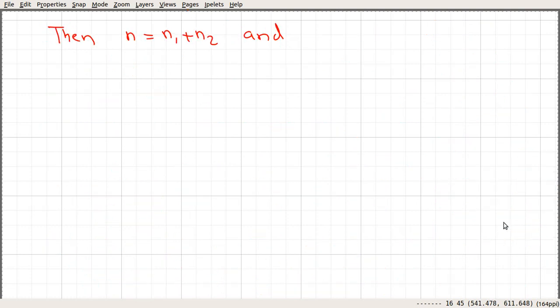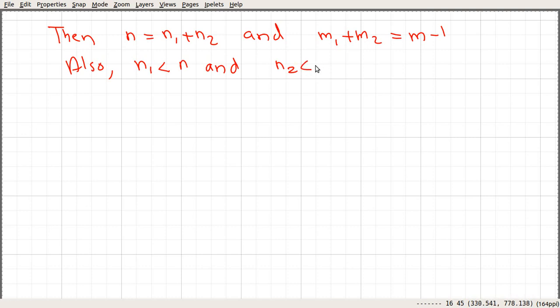Also since G1 and G2 contain at least one vertex, n1 is strictly less than n and n2 is strictly less than n.